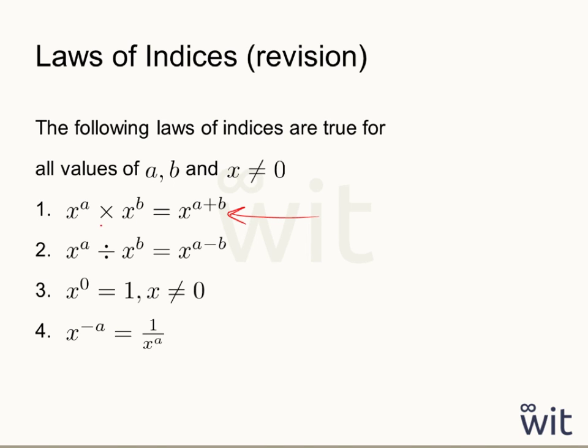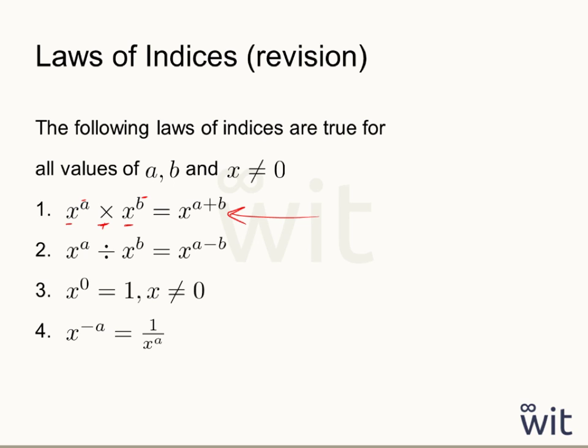Once you have a multiplication of two variables with the same base but different powers, then the variable x, which has to be the same for the two terms here, will be that same variable raised to the power of the first power, a, plus b. So we'll add that up to give the simplification for that indices.